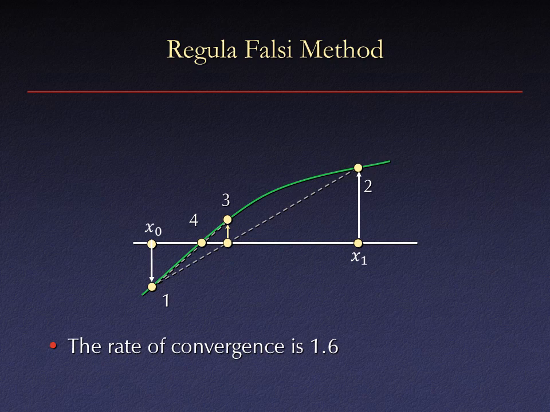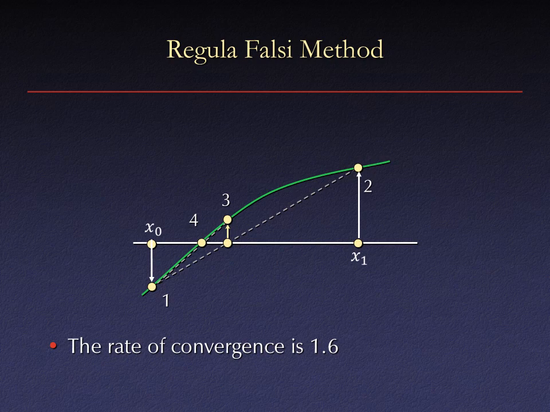Now we check whether the root lies in this interval or this interval. Here we see that the root lies between point 3 and 1. So we draw a chord between 1 and 3, and this intersects the x-axis here, and similarly it goes on until we get the required root.